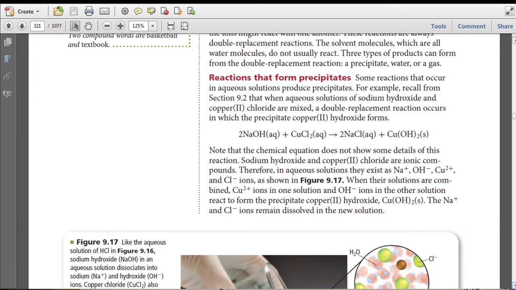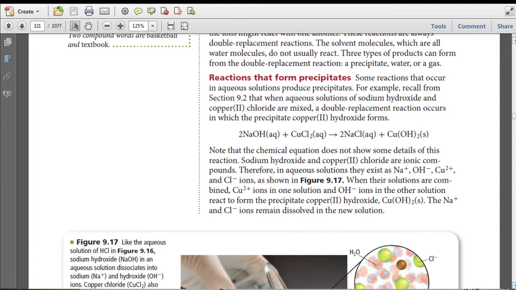Note that the chemical equation does not show some detail of the reaction. Sodium hydroxide and copper 2 chloride are ionic compounds. Therefore, in aqueous solutions, they exist as sodium cations, hydroxide anions, copper 2 cations, and chloride anions.